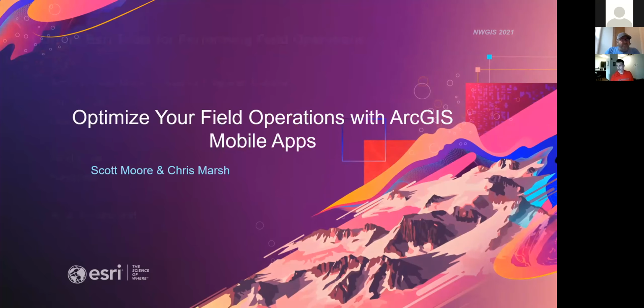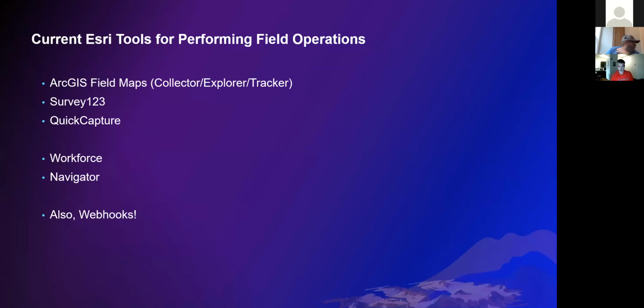All right. So I just want to get the current state of things out there. Here's the way that I look at the main tools that we have. We have ArcGIS Field Maps, which is the combination of the Collector application, Explorer application, and Tracker application. Survey123 is our forms-based application, and QuickCapture is our windshield survey, built for very fast data capture.